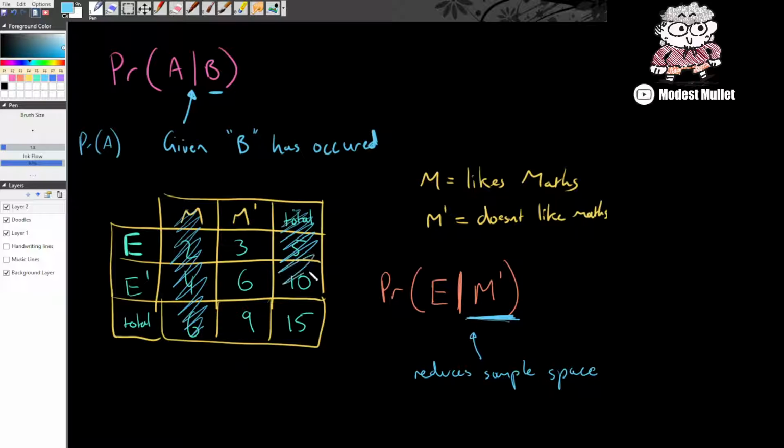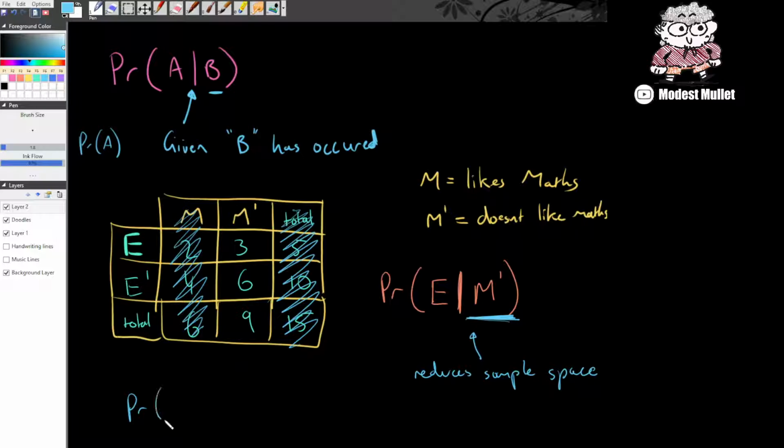So that means now we have different totals. All of that is ignored. So we can hopefully quite clearly see now, due to our condition, our total amount of students that we've surveyed is 9.